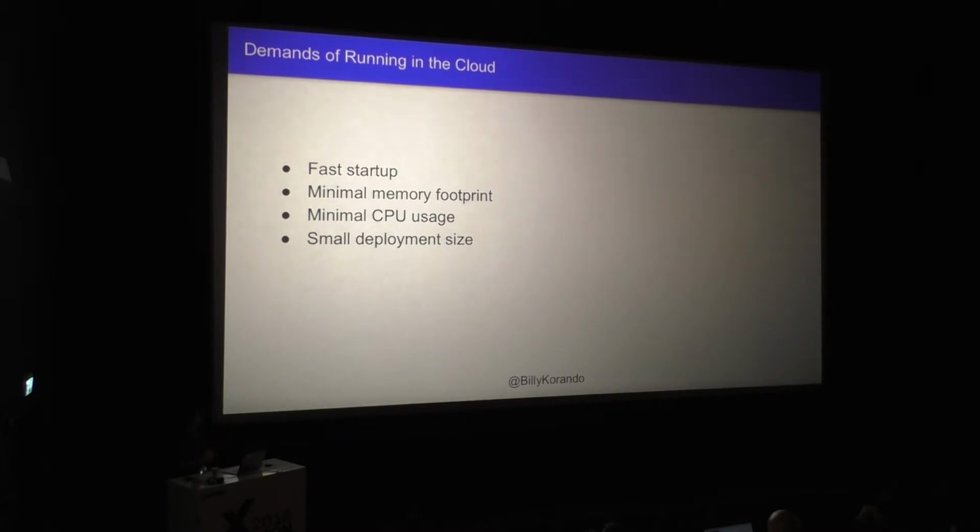And small deployment size, small footprint. And also optimizing your idle state resource usage. So when your microservice or whatever it is is not actually processing requests, it goes into an idle state where it's using the least amount of CPU, heap, memory, etc. as it needs.